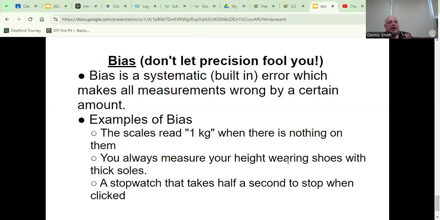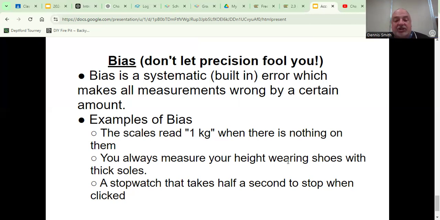So the examples of bias are scales that read 1 kilogram off. This happens all the time when you go to ShopRite or Acme and you get deli meat sliced. Sometimes you will see that the scale is a little offset. That's part of the bias. Another example would be measuring your height wearing shoes with thick soles, so it adds a little bit of height to what you're trying to measure.